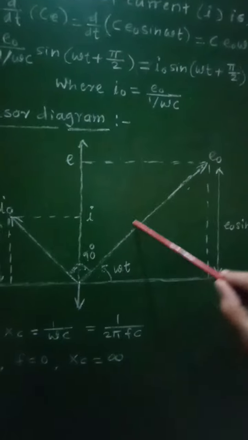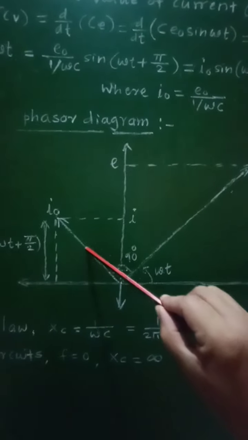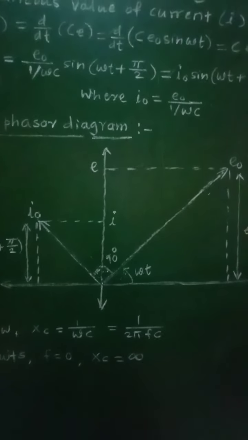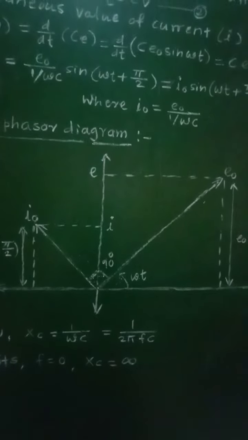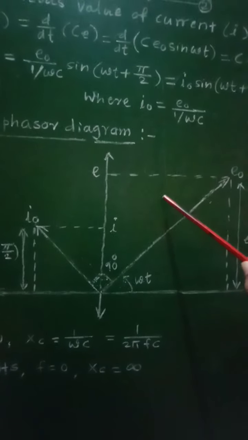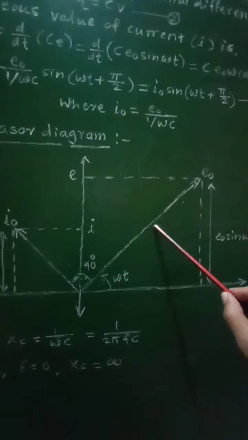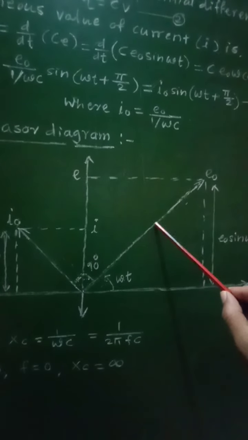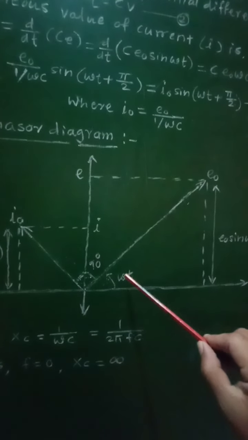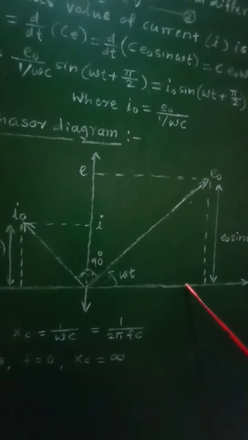So this vector will represent the phasor for EMF. This vector will represent the phasor for current. Now from this figure, it is clear that the phasor representing the peak value of EMF makes an angle of omega t in the anti-clockwise direction with respect to this horizontal axis.